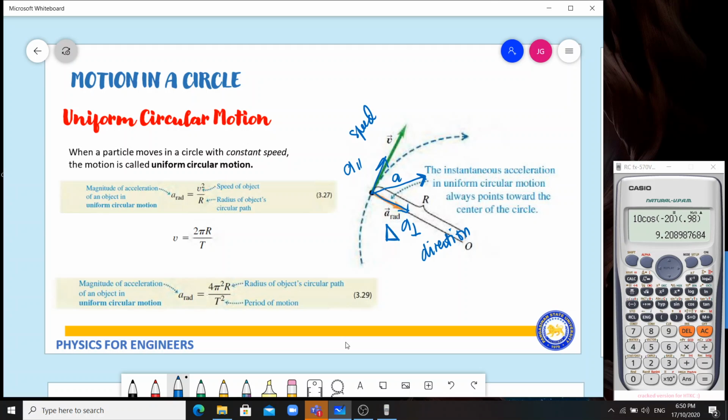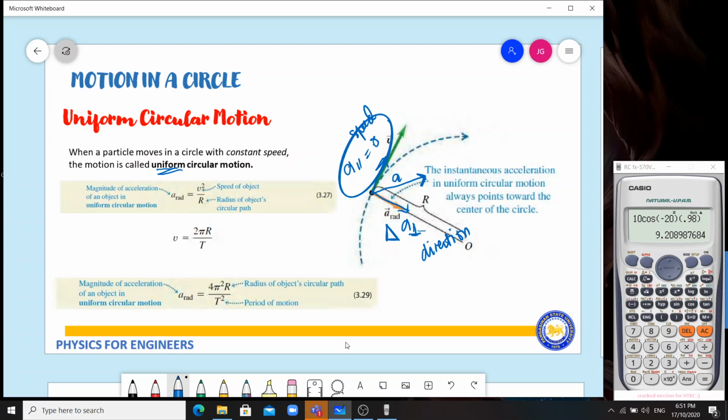Pag sinabi nating uniform circular motion, ibig sabihin at constant speed siya, uniform nga eh. So, ibig sabihin, ang parallel acceleration niya ay equivalent sa 0. Kaya, ang nangyayari, pag kinuha mo yung acceleration in a motion in a circle at uniform circular motion siya, magkakaroon lang tayo is the perpendicular acceleration or the ARAD.